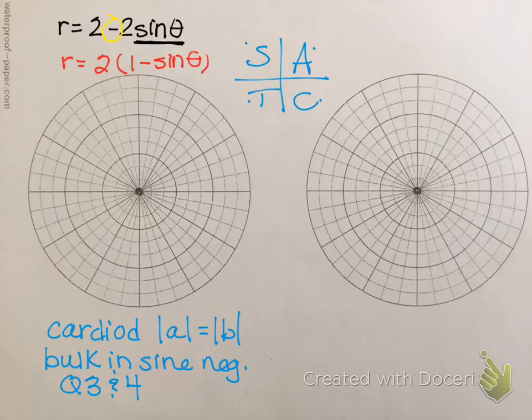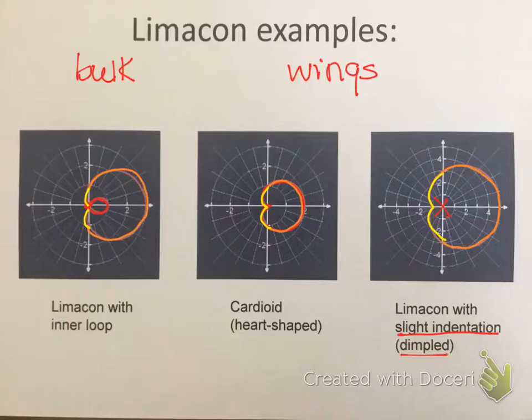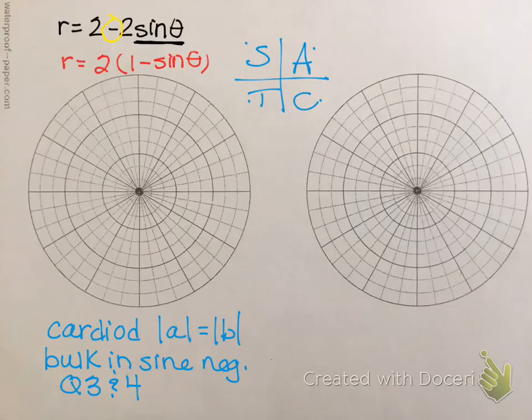To figure out where the back of the bulk is, let's go back to this picture a second. Here's the back of the bulk right here. Here it is, and here it is. To figure out where the back of the bulk is, we need to add those absolute values together.